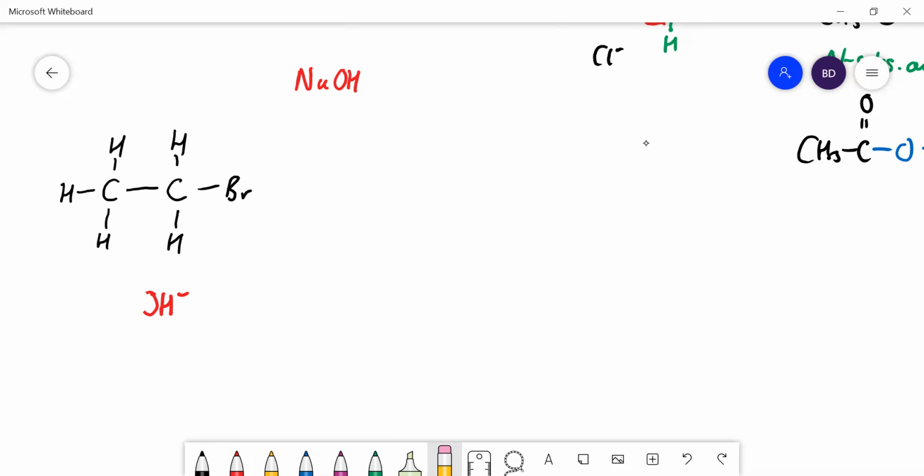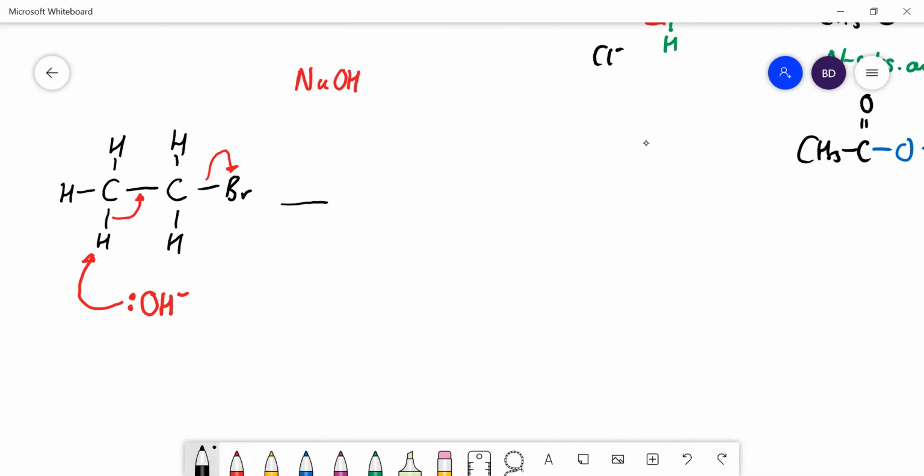So it accepts, draw a lone pair there. It picks up this proton to form water. Okay, so that hydrogen is gone and leaves its electrons behind. That pair of electrons in the carbon-hydrogen bond go to form a pi bond there. And of course, this carbon is now going to be forming too many bonds. So the bond between the halogen and the carbon breaks, both electrons going to the bromine.